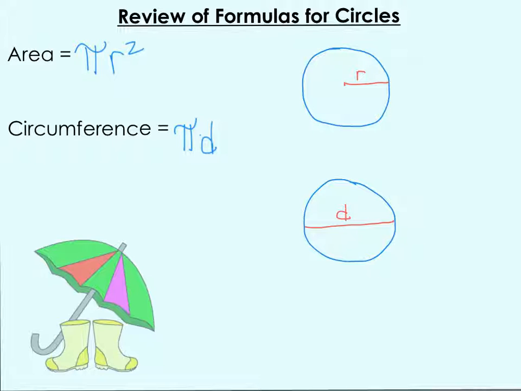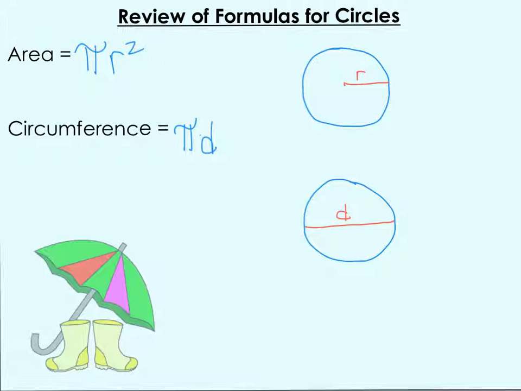And remember, there's a relationship between these two: if I give you the diameter and you need the radius, we divide by 2 because radius is half of the diameter. Notice that radius is smaller than the diameter. If I give you the radius and you need the diameter, then you're going to multiply by 2 because the diameter is bigger.